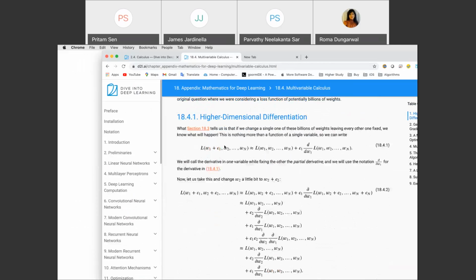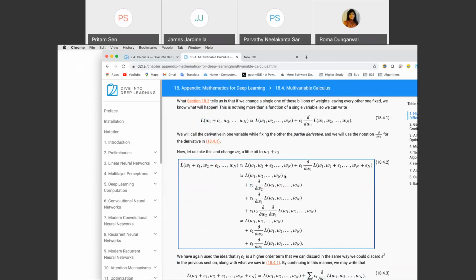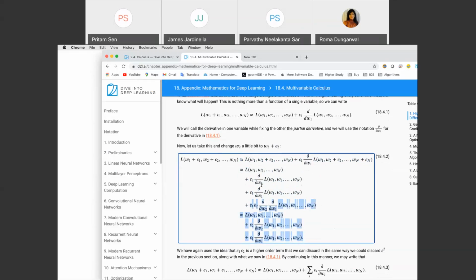First it changes in W1, then it changes in W1 and W2, and it gets this equation. As these changes are very small, we can ignore this part. So ultimately it becomes this.